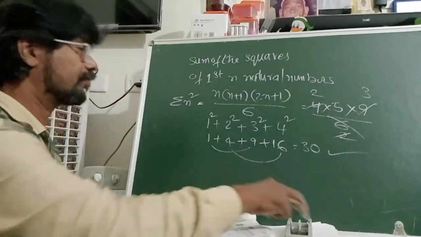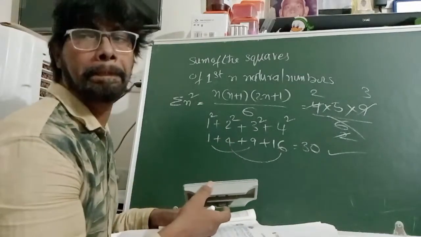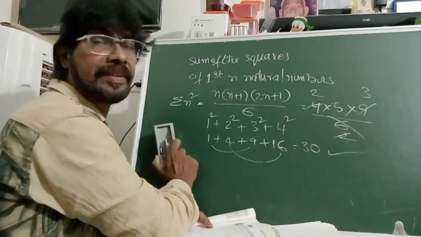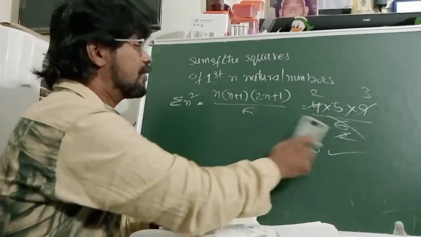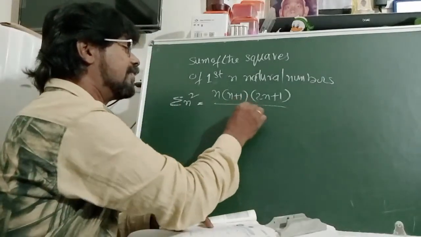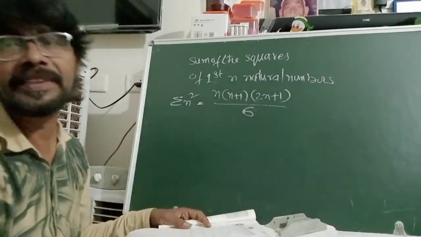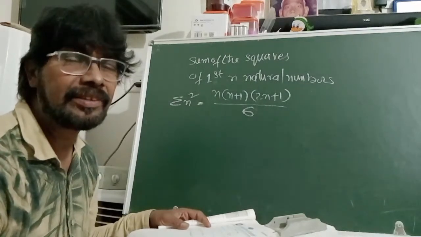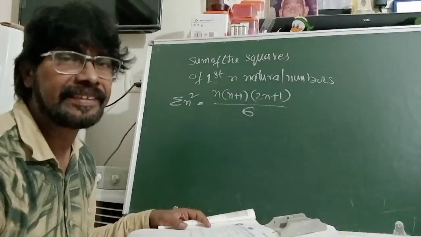Next one. You should remember the formula. Sigma n square, the sum of the squares of the first n natural numbers, is n into n plus 1 into 2n plus 1 by 6.